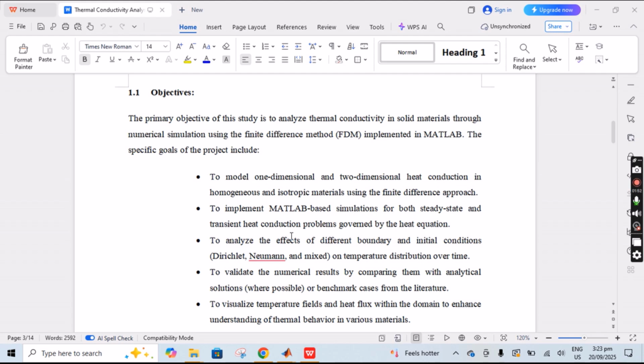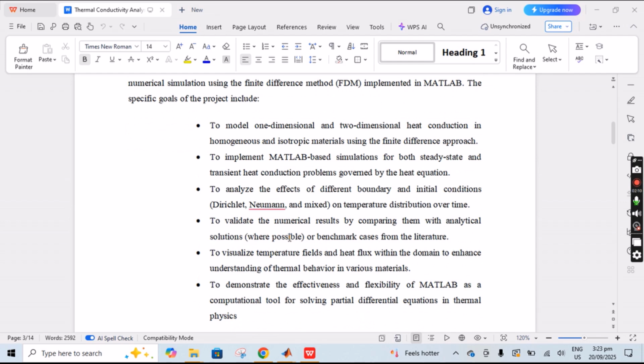So the objective is basically clear: we gain multiple objectives. First of all, we get one-dimensional and two-dimensional heat conduction in homogeneous, isotropic materials. And the second one is we need to implement steady state and transient heat conduction. Then we implemented the Neumann, Dirichlet and mixed boundary conditions with the temperature distribution over time.